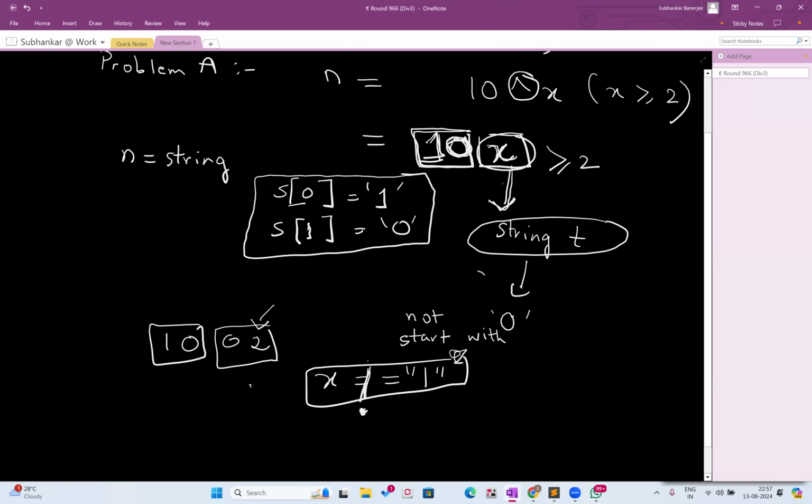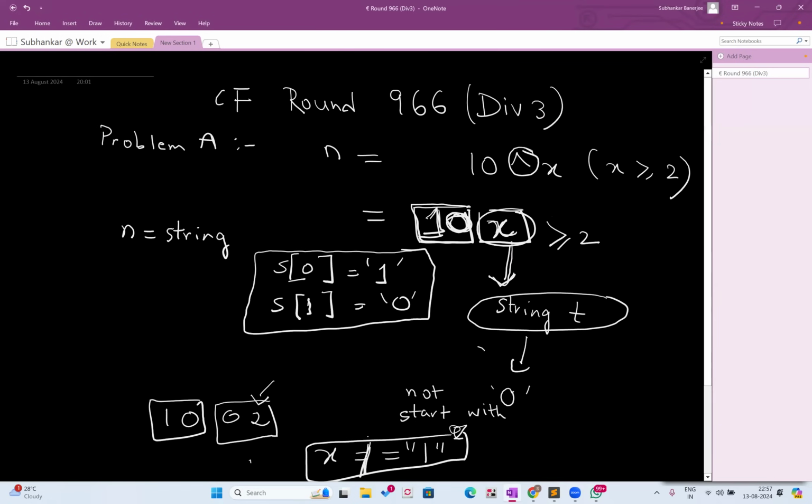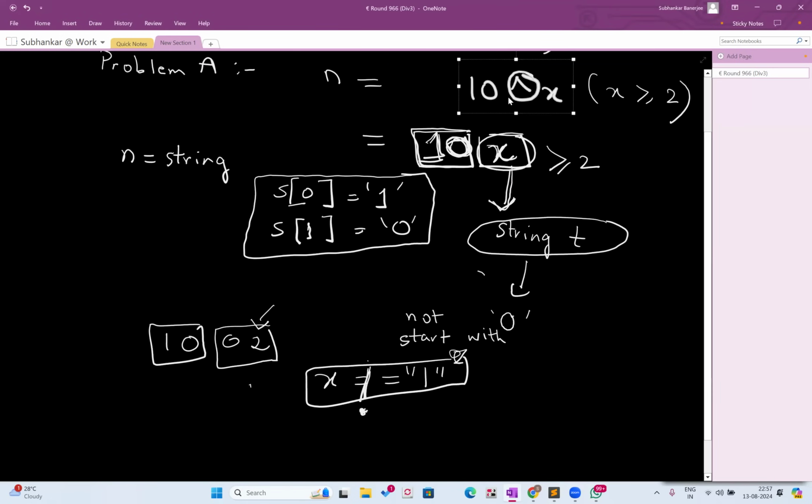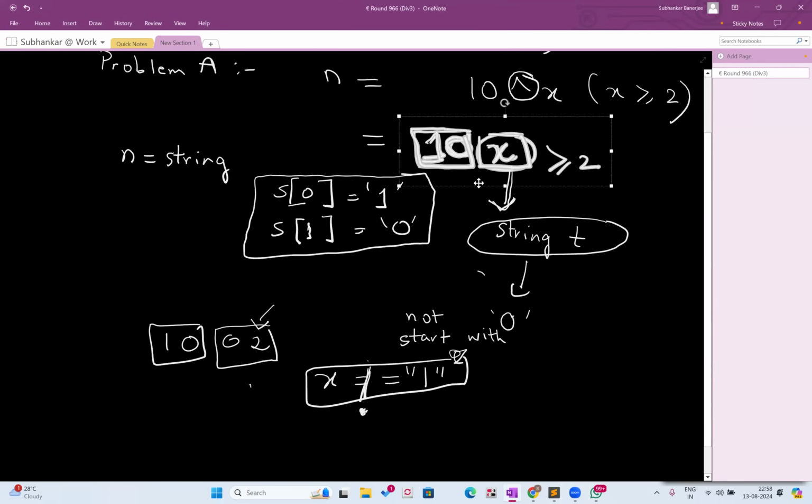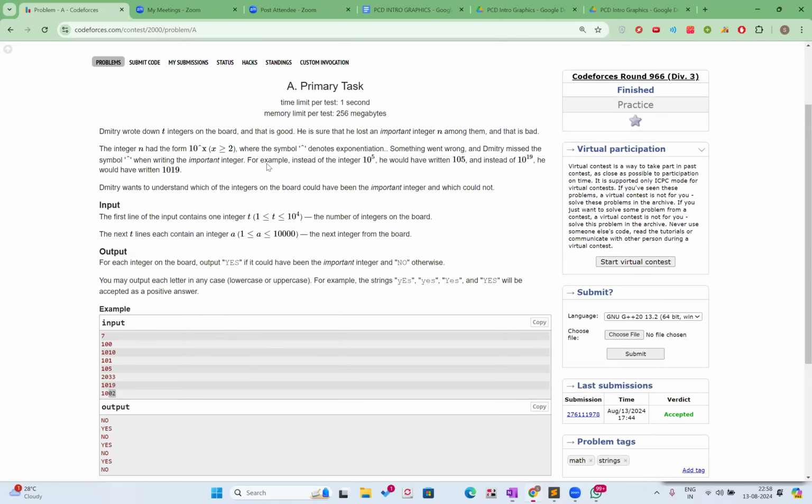First of all, I'll go through it again. It's of the form 10 raised to power x. The raised to power symbol, the exponentiation symbol, is missed. So the number we are left with is of the form 10 followed by x. And it is given in the question that x is greater than or equal to 2.